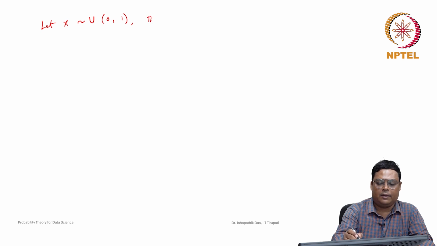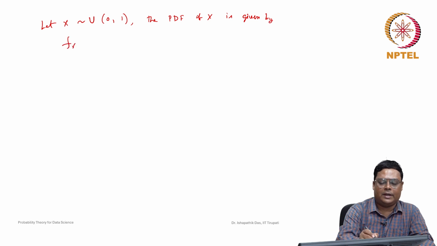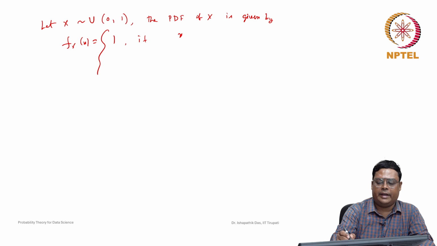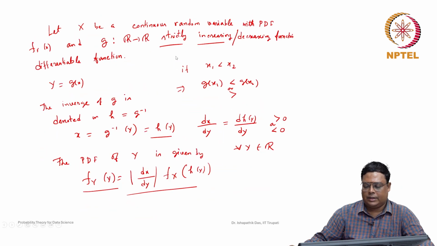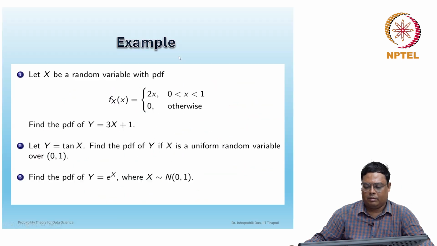Hence, the probability density function of x is given by f of x equal to 1 if x is greater than 0 and less than 1, and 0 otherwise.